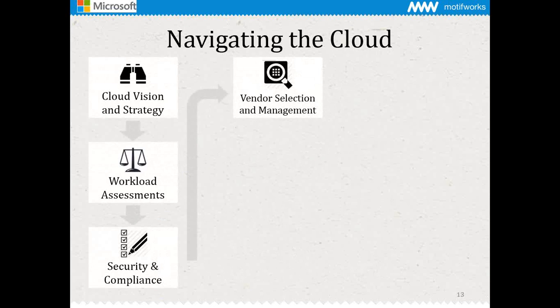Next step is vendor selection and management. Before moving the data and applications to a cloud, it is important to ensure the cloud provider has strong security and privacy policies in place. You need to know their SLAs, understand their technology stack, and understand if it is a good fit. Just because it's one of the popular platforms and someone else is using it, you just need to make sure that it's a good fit.